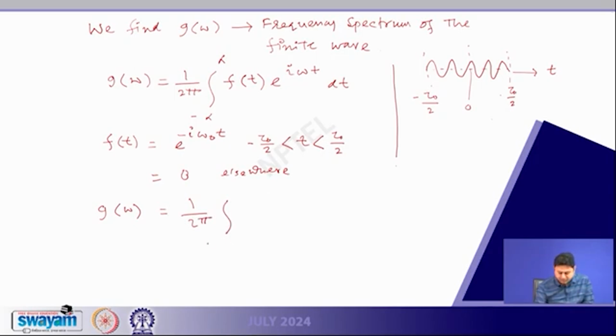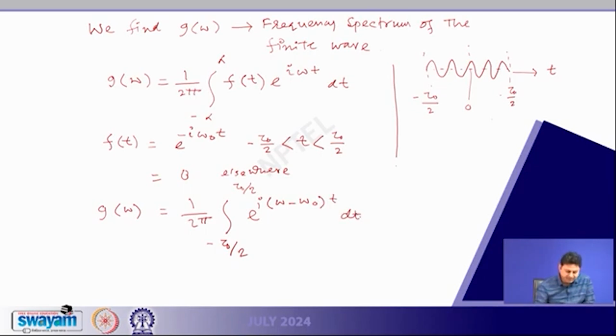It should be minus tau naught divided by 2 to tau naught divided by 2, and we have e to the power of i (omega minus omega naught) t dt.